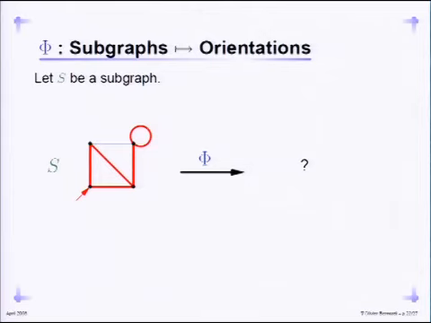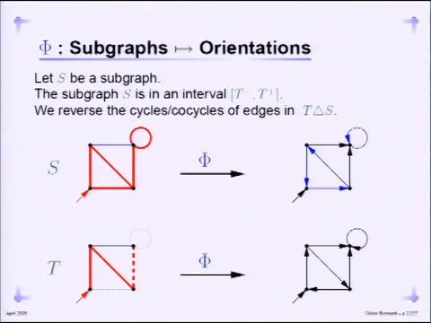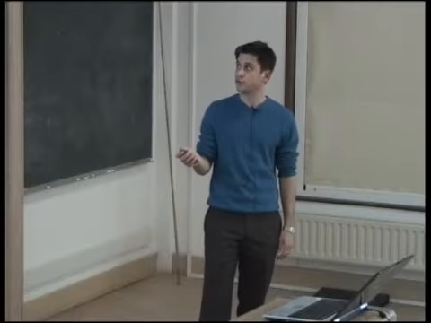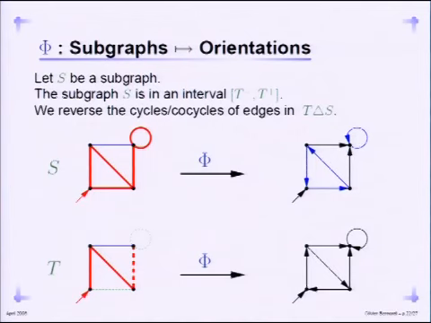Okay, I have a subgraph here, and I want to say what is the orientation associated to it, and for that I will look at the tree in which S belongs. So this is the tree. These are the active edges in dashed, and I note how to associate an orientation to this tree. So now the orientation associated to S will be obtained from this one by reversing some of the cycles and cocycles. In fact, I will reverse the cycles and cocycles of all the edges in the symmetric difference. The symmetric difference is this edge and the loop.